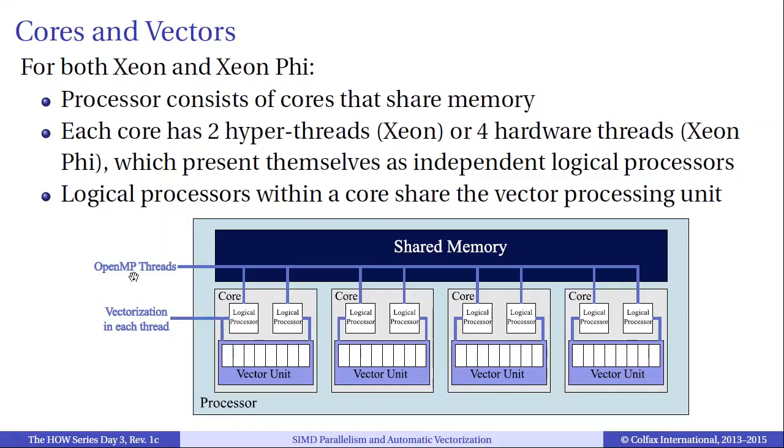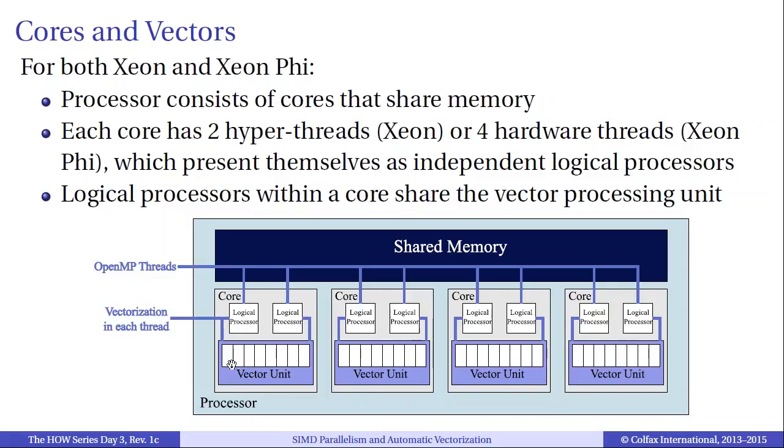So effectively, you can put up to 2 software threads on each physical core, and up to 4 threads on each physical core on Xeon Phi. These logical processors have some of the resources replicated, but they share other resources. One of the resources that they share is a vector processing unit, and this is where performance is.